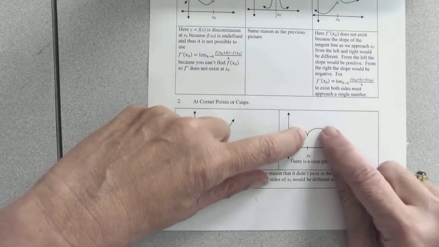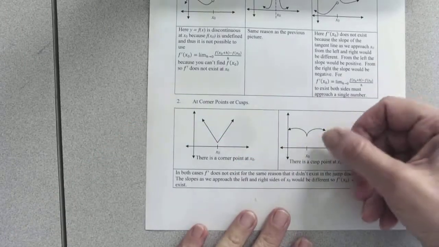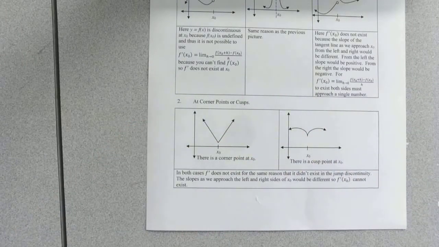And sort of the same thing here, slope negative, slope positive, slopes not matching up, and so again, there can't be a derivative. The slopes don't match up left and right. That means there's not going to be a left and right limit. The limits on left and right are going to be different, and so there's not going to be a derivative. But again, what you need to remember is that there are no derivatives at corner points and cusps.